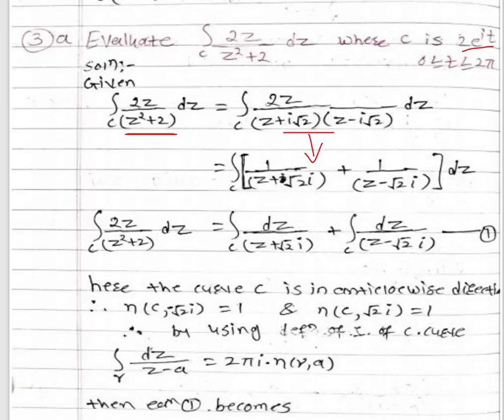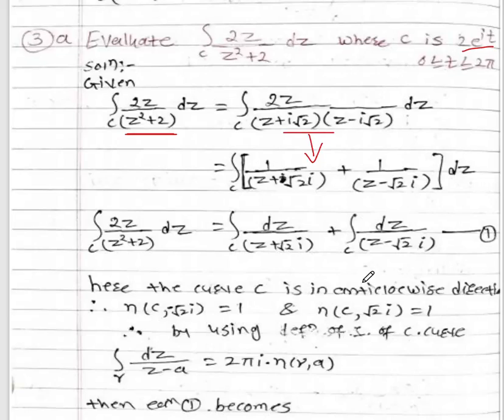equation number 1. If you observe here, the curve is C and the direction is not mentioned, therefore we take the curve C to be in the anti-clockwise direction.